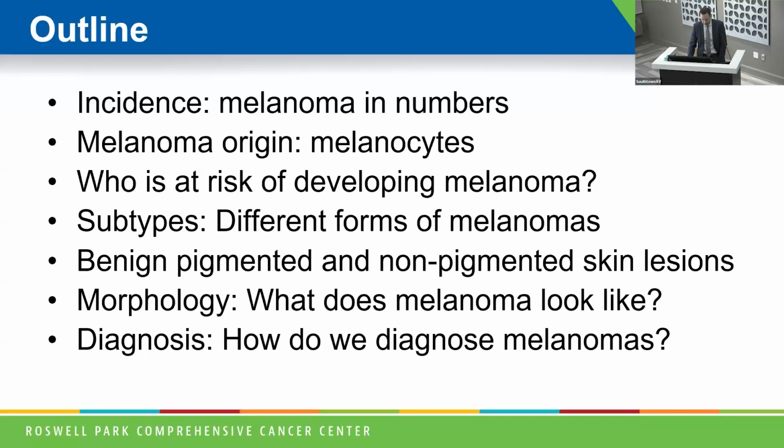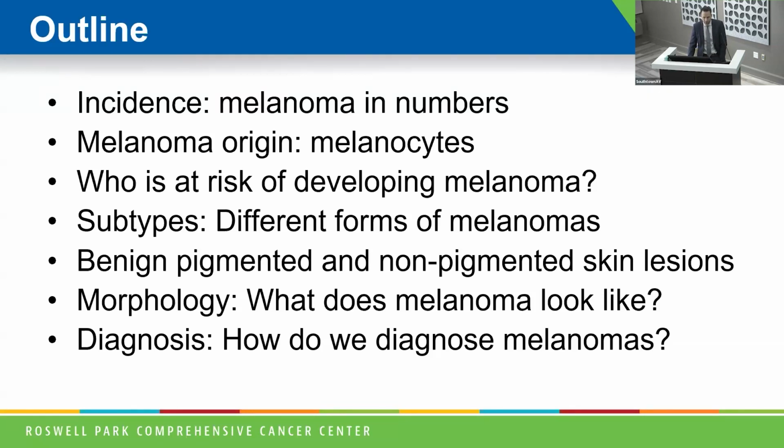of risk. In my talk, first I'll talk about incidence, melanoma in numbers, then we'll briefly talk also about the origin of melanoma and melanocytes. We'll talk about who's at risk for developing melanoma, the major risk factors, and then we'll discuss subtypes of melanoma because that's very important to know in order to be able to recognize disease.